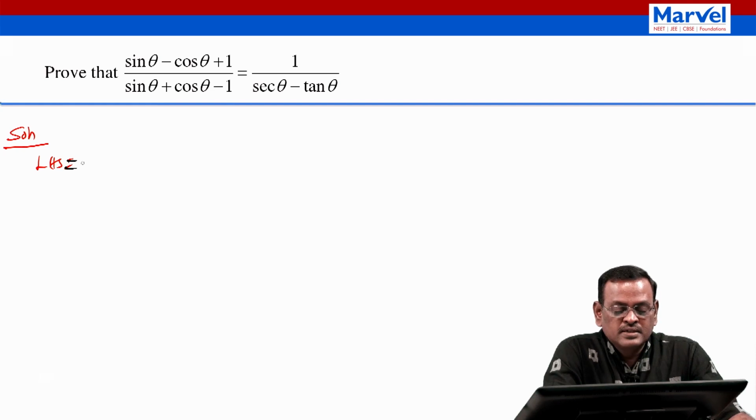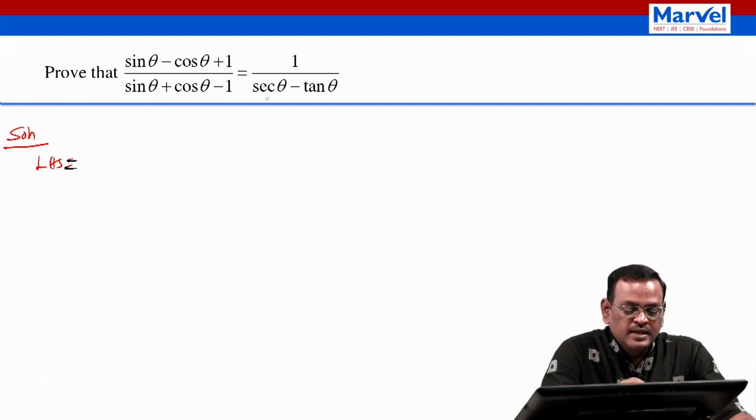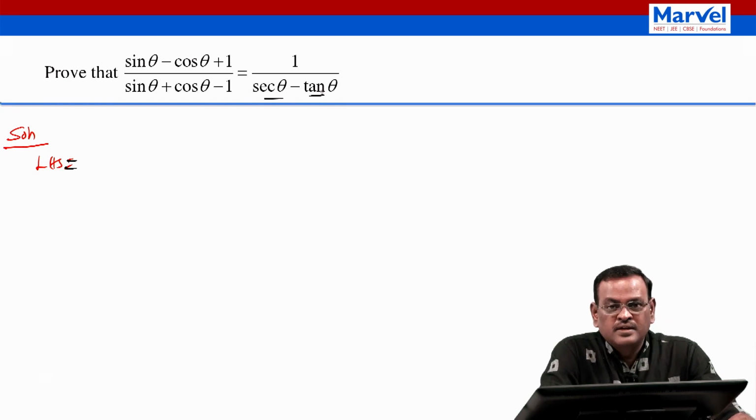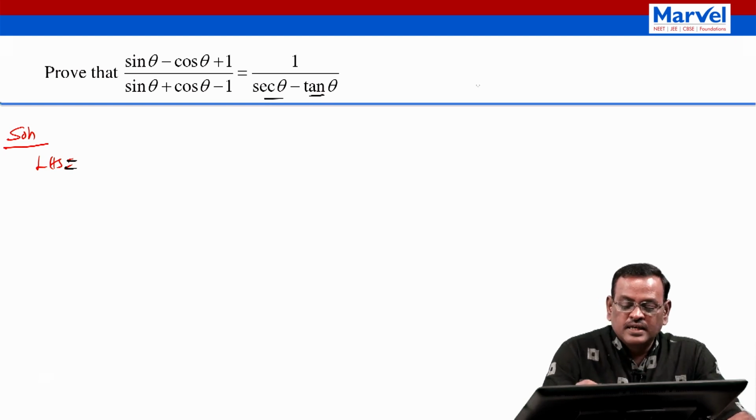Look at the RHS. RHS contains secant theta and tan theta, whereas LHS contains cos and sin. So replace the LHS by secant and tan. How to convert sin and cos to secant theta and tan theta? The concept is divide by cos theta.